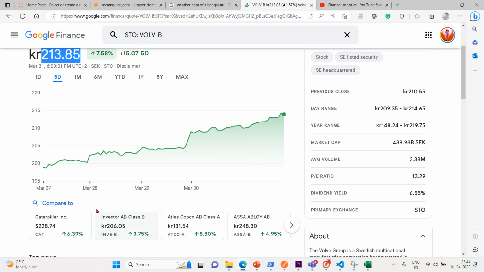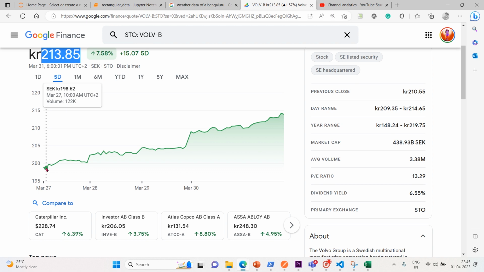So now we will look, it's obviously time series data because at a specific point of time these events were captured. So on March 27, what was the data that was captured? March 27 is the point of time where the events were captured, and at that time the stock price was 198.62 kronas, and the time is March 27, 10 a.m. UTC plus 2.